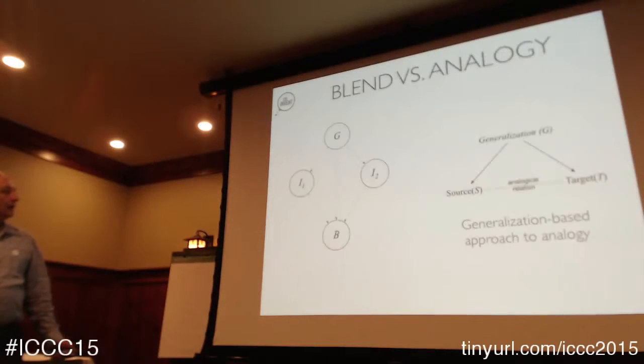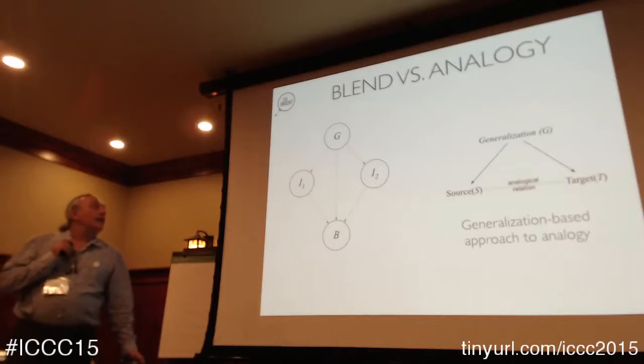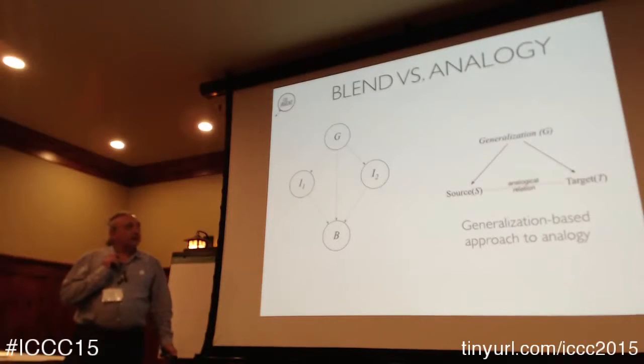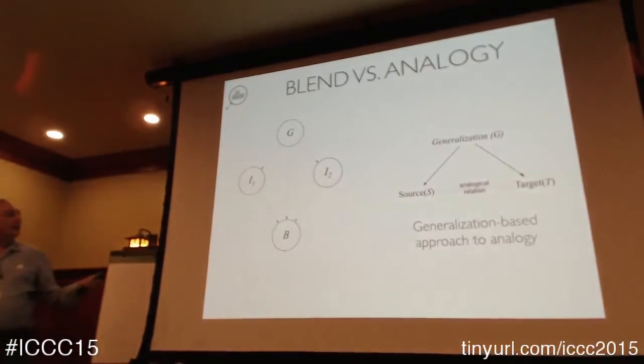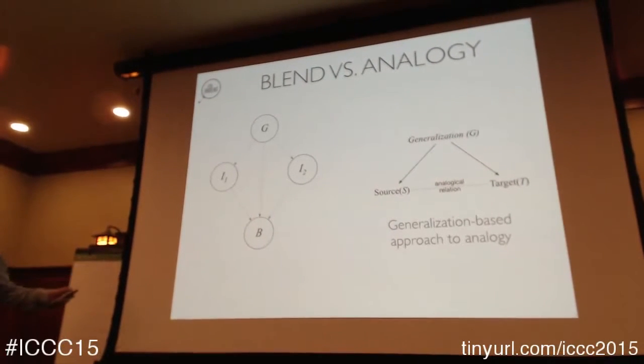And the next idea would be, okay, if we have this generic schema, and we want to see what relation we have with analogy, they don't look very similar. I mean, we have some generalization above, but that's about it.